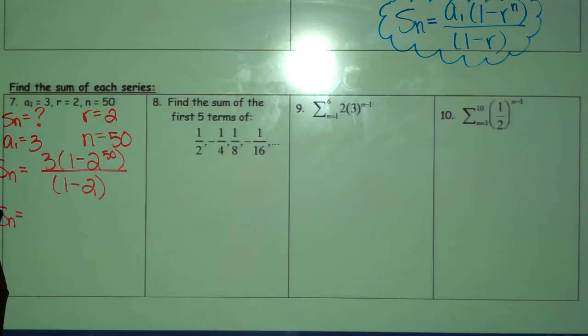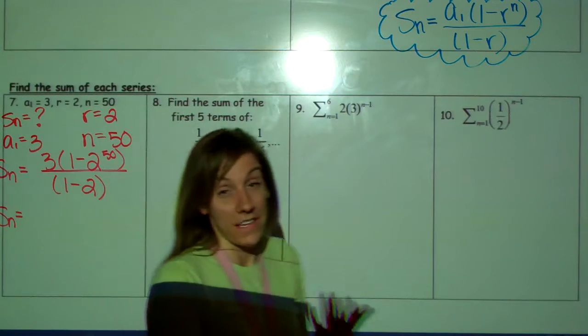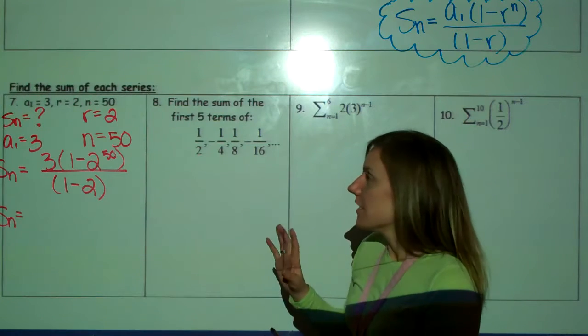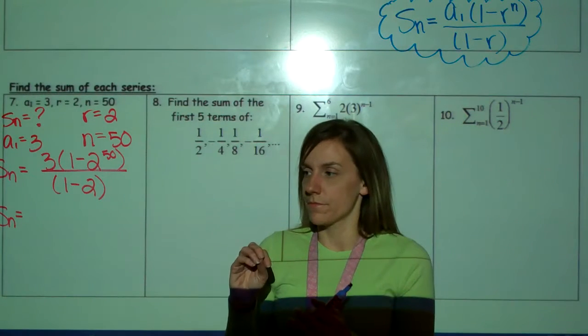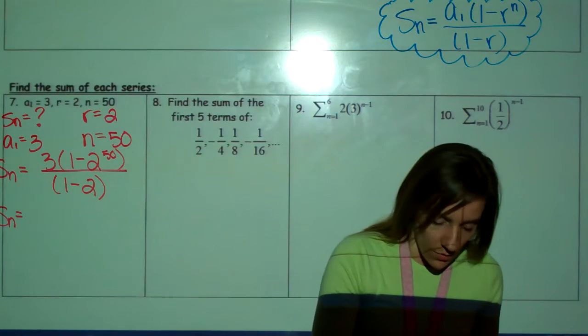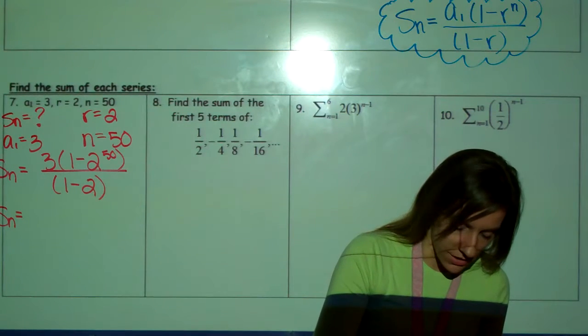I'm going to go ahead and multiply times 3. It's this huge number. Divide by negative 1. Alright, this ends up being such a huge number that even my graphing calculator is making it scientific notation.